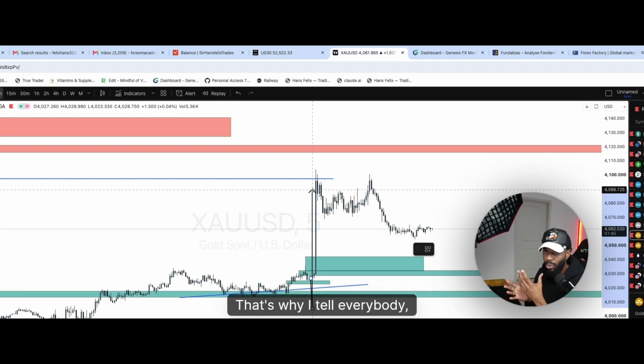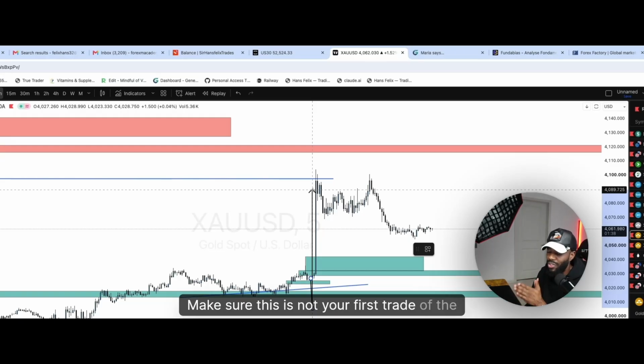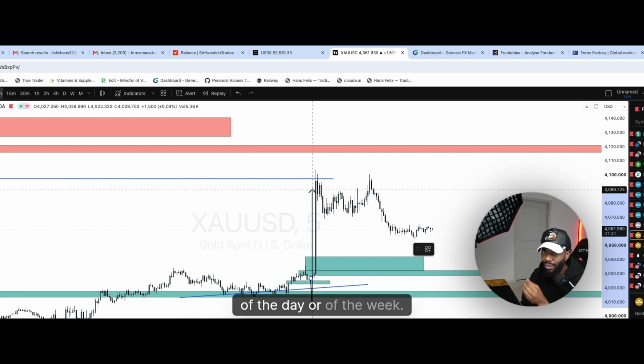That's why I tell everybody, even my students, when you're trading core CPI, make sure you have some buffer. Make sure this is not your first trade of the week. Make sure it's not your defining trade of the day or of the week.